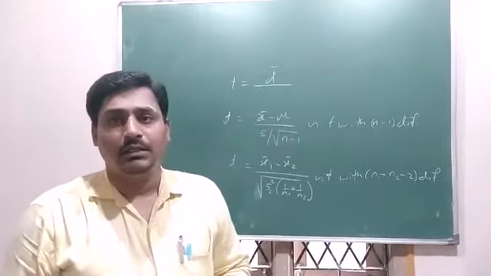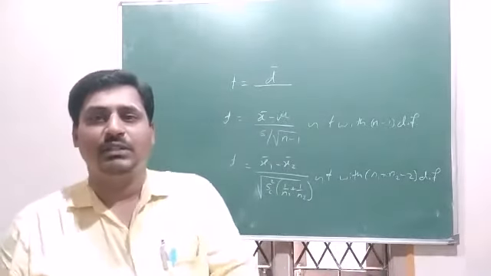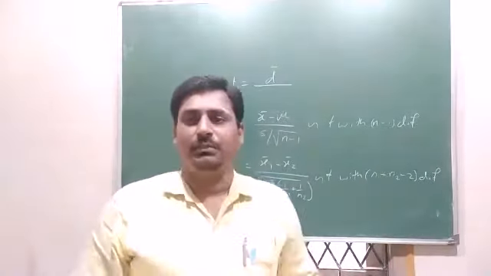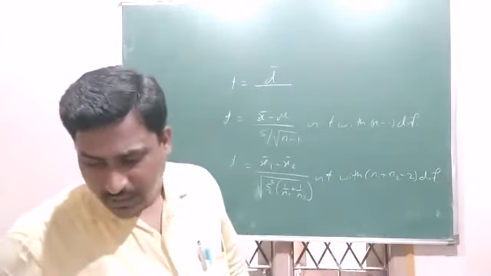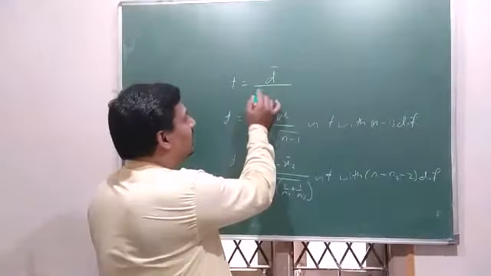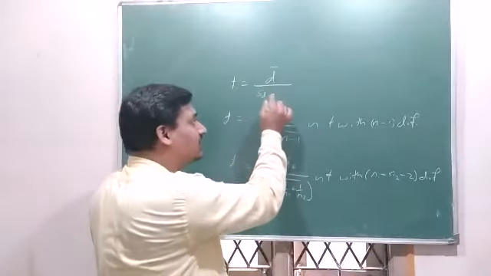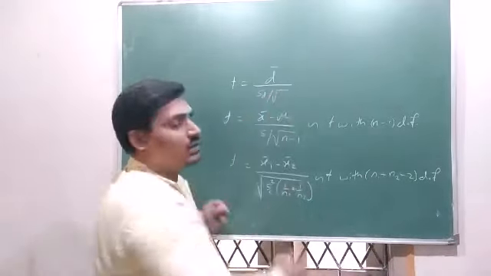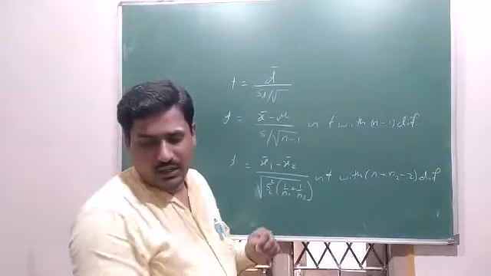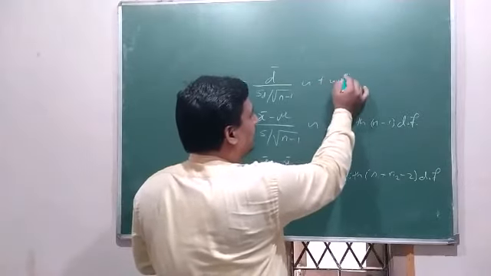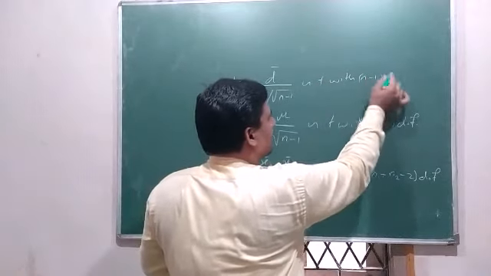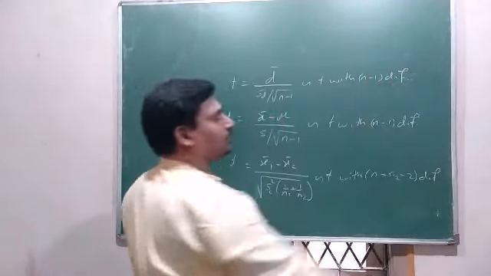So D bar means mean of the differences of both observations before and after, and D bar divided by standard deviation of the differences divided by root n minus 1 tends to T with n minus 1 degrees of freedom.